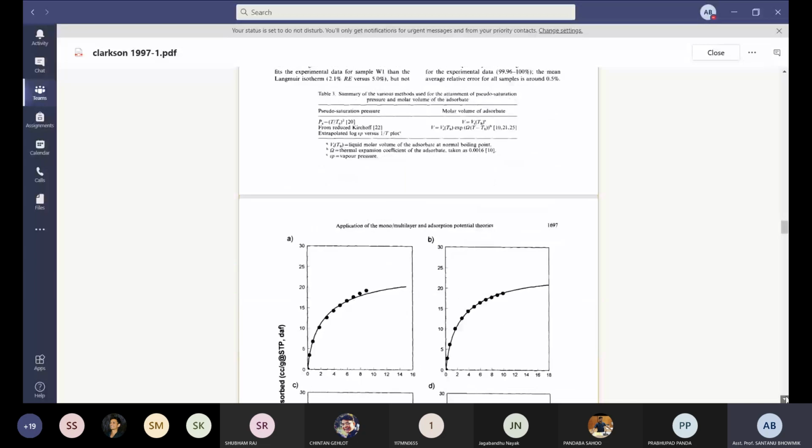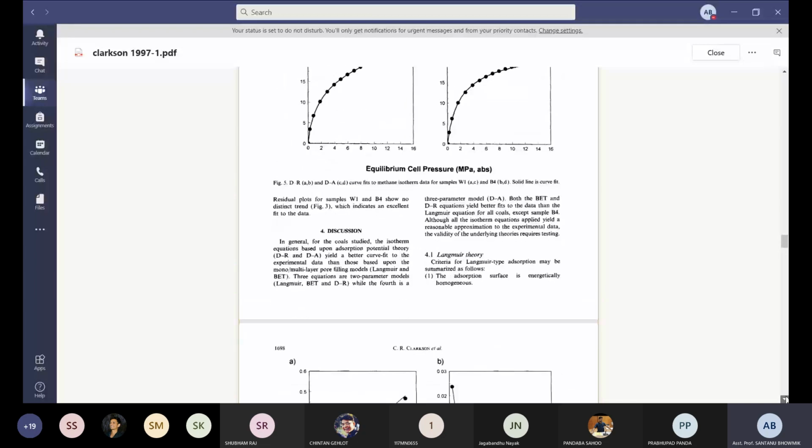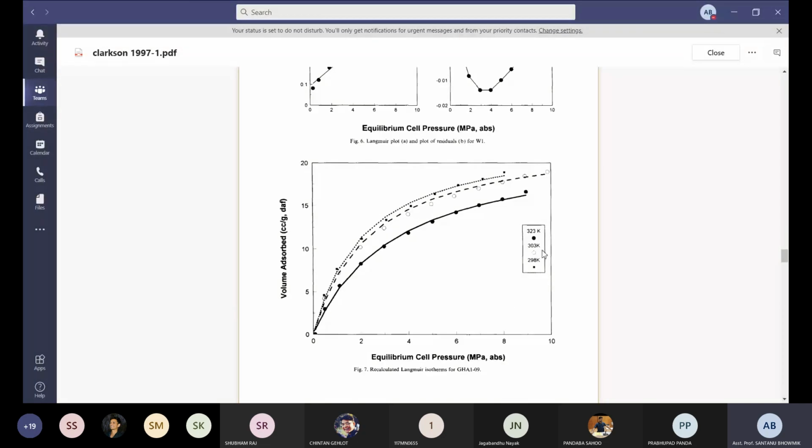The next point which I wanted to show you is the temperature variation. You can see that in this case, the temperature is varying from 298, 303, and 323. These are on the absolute scale. And with this, for a particular sample, how the volume absorbed is going to vary. You can see, obviously, you have already learned earlier that an increase in temperature is going to reduce the volume absorbed.